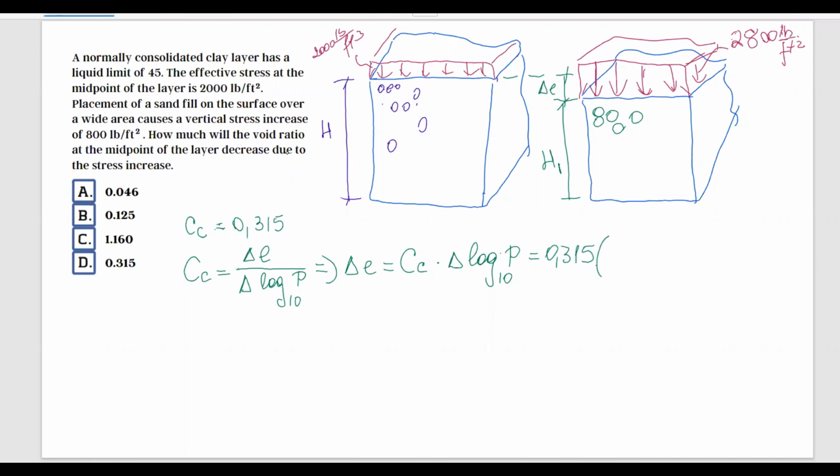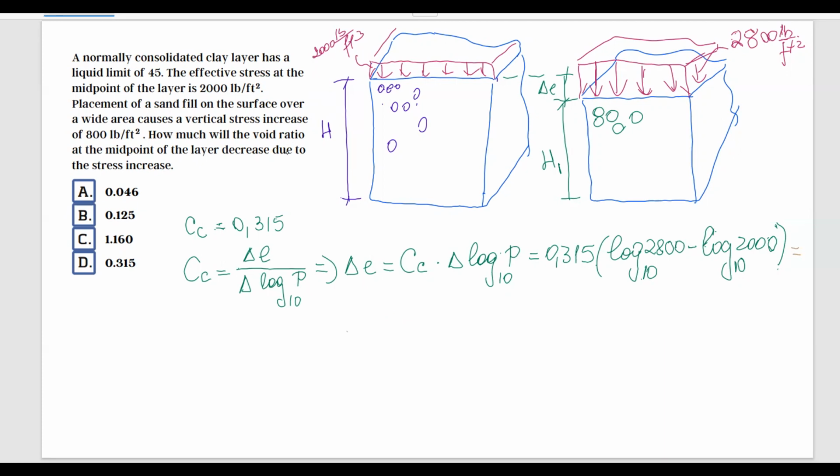And now the change in consolidation stress is going to be equal to logarithm base 10 of 2800 minus logarithm base 10 of 2000.